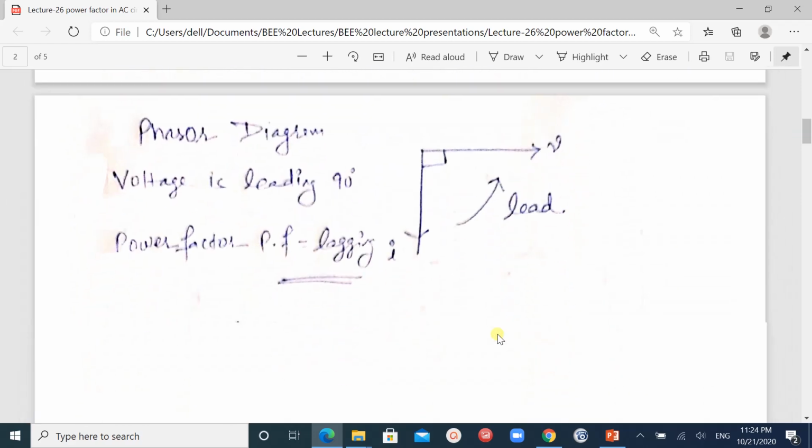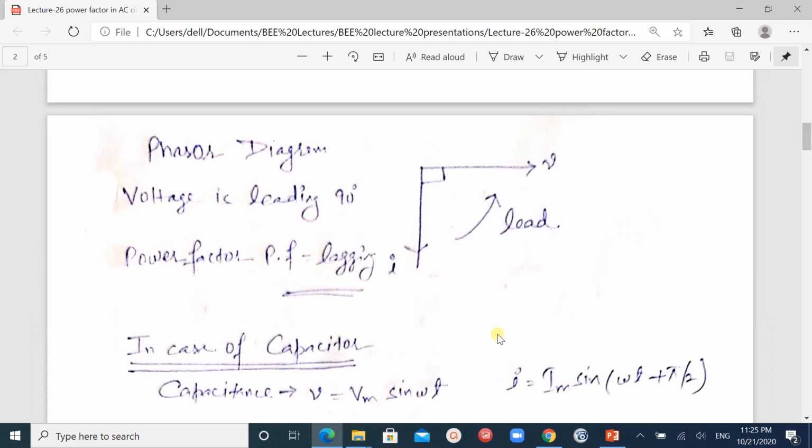This is the phasor diagram of the inductance. On the x-axis we are having voltage and the current is lagging the voltage by 90 degrees.